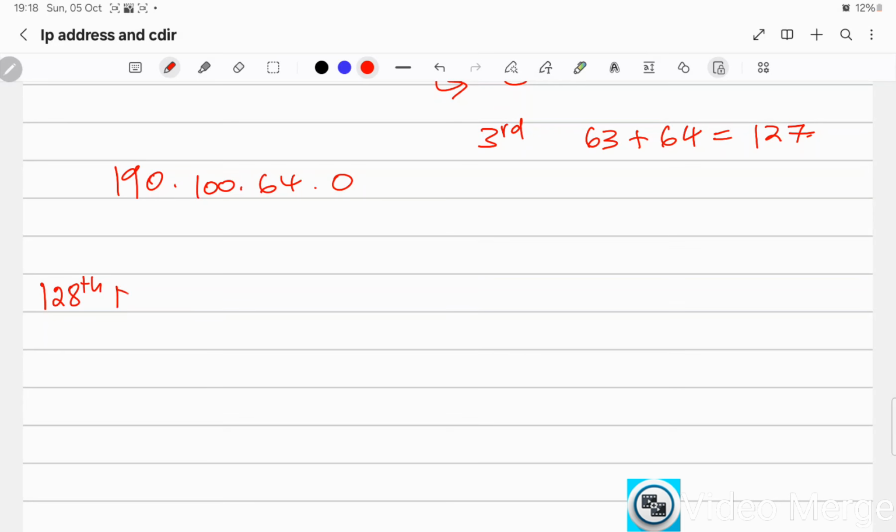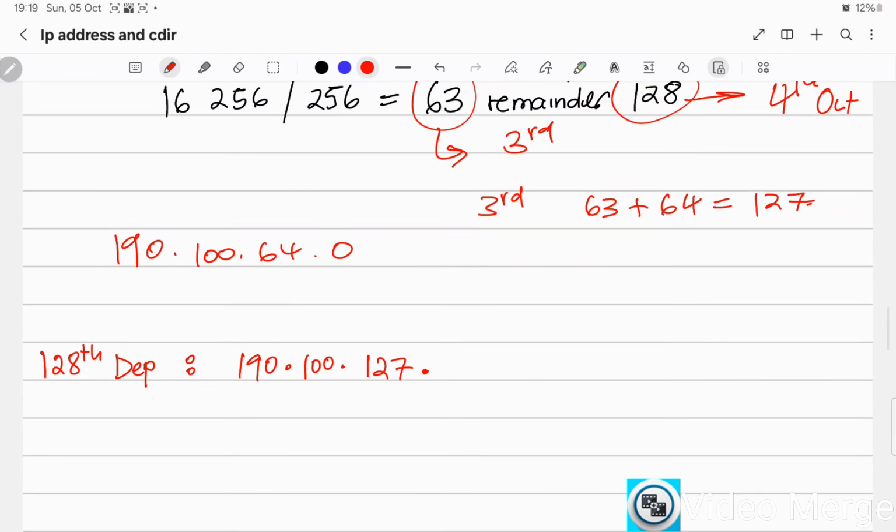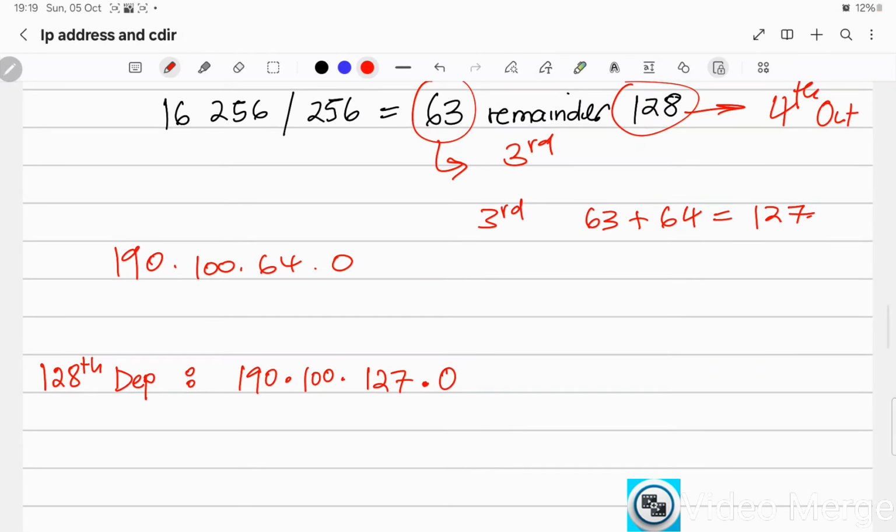So which means for our 128th department, you're actually going to have 190.100.127.0. Then you need the last address, right?